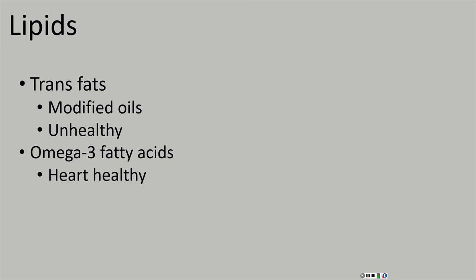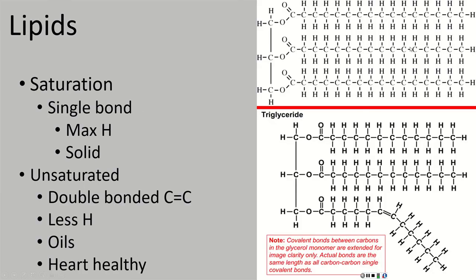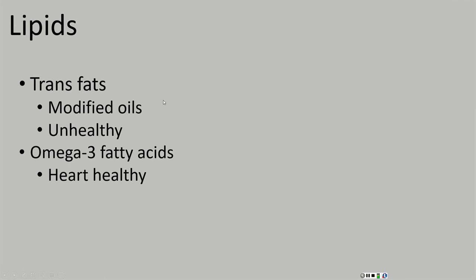Even though they have some double bonds, they still come across with these very straight chains as opposed to these bent chains. They've been modified so that their chains are straight, which makes them solid at room temperature, which makes them very unhealthy, makes them harder to break down.